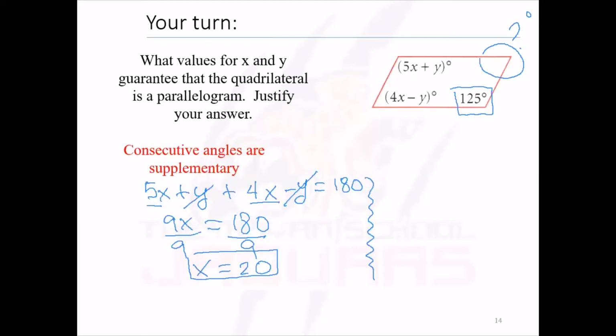Therefore, the measure of the angle with the question mark will be 180 minus 125. And 180 minus 120 would be 60, so 180 minus 125 would be 55 degrees. So let me write this value over here, 55. This angle over here measures 55 degrees.